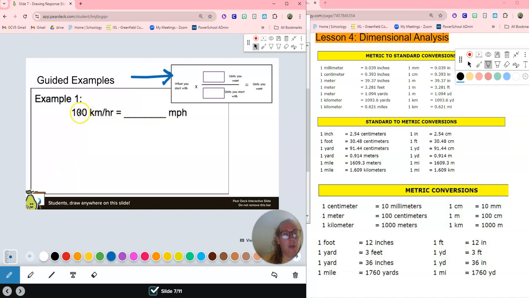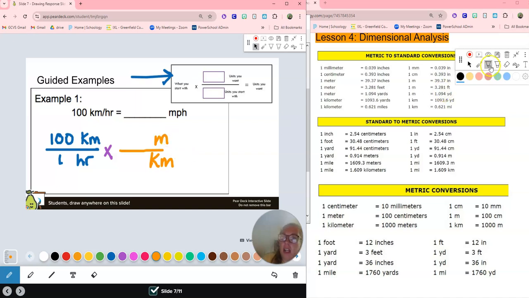So we're starting with 100 kilometers per, which means divided, 1 hour. 100 kilometers per hour. And we want to multiply that by our conversion factor. So we're starting with kilometers, and we want to get it into miles. Okay?